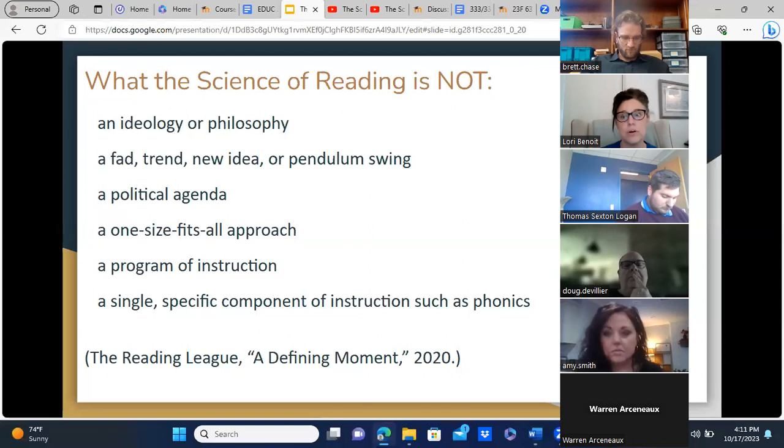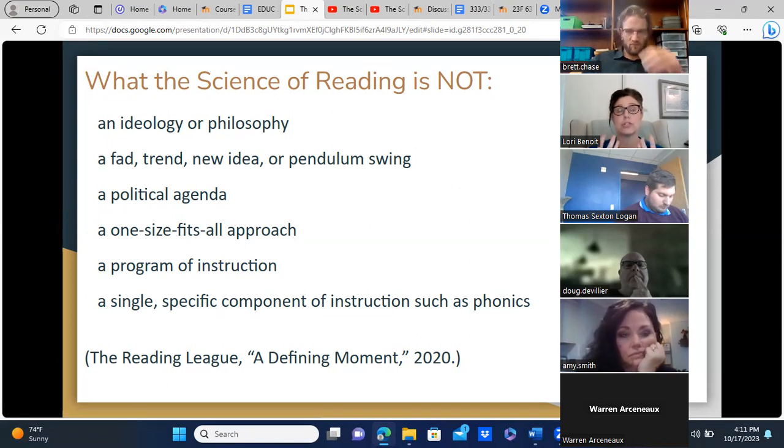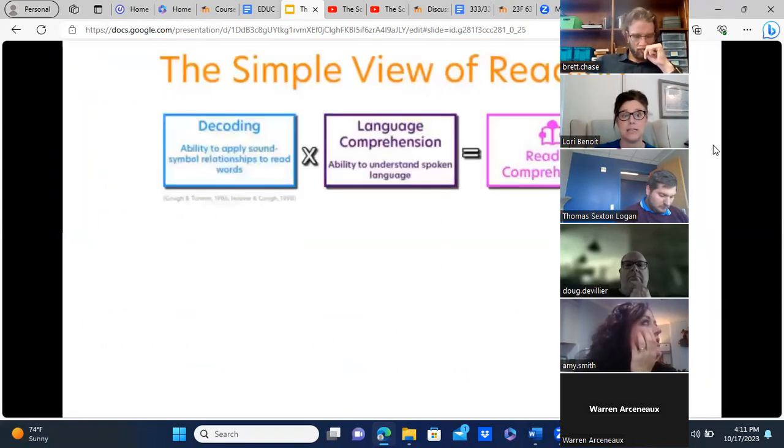It is not a political agenda, although you will see it taken up as a political agenda. It's not going to be a one size fits all magic wand kind of approach, but it is truly something that depends on our understanding of how learners learn and how they learn to read. And that supports everything that we're trying to do in teaching our content.